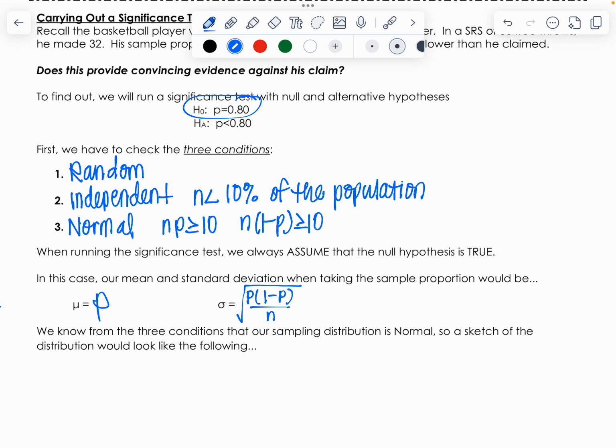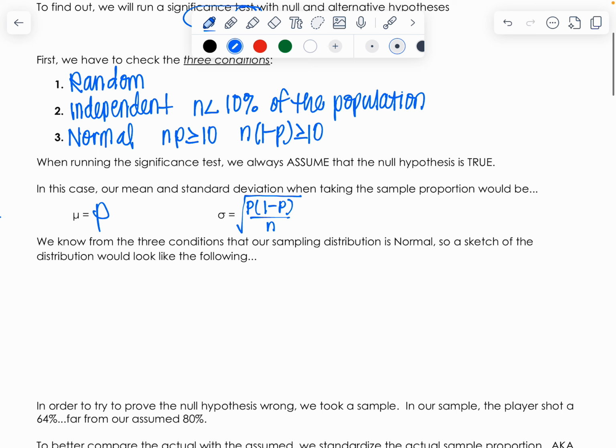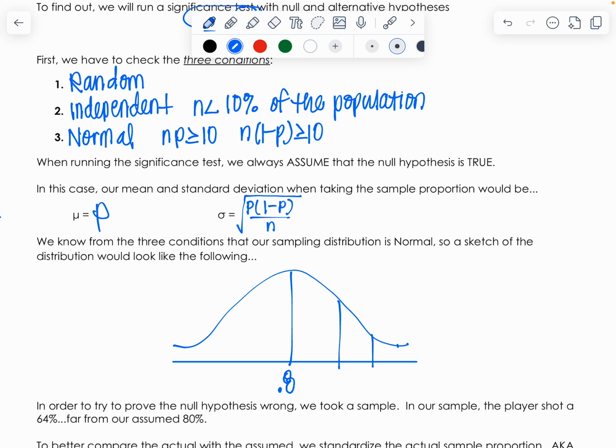All right, so we know from the 3 conditions that our sampling distribution is normal. So we know that a sketch of this sampling distribution would have a middle value of that population claimed percent, 0.8. And then the standard deviation would go out 3, down 3. Here this was 0.8.